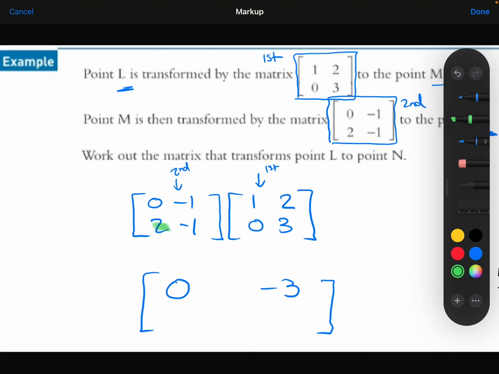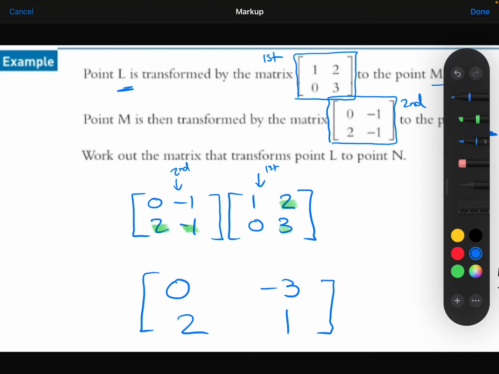Next, we're going to have 2 times 1 plus minus 1 times 0. So that's just going to be 2. And then finally, we're going to have 2 times 2 plus minus 1 times 3. So that's going to be 1.